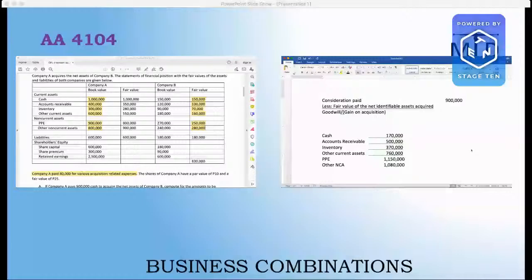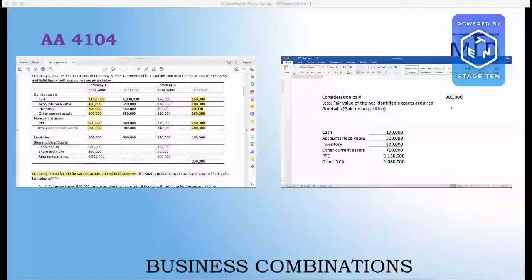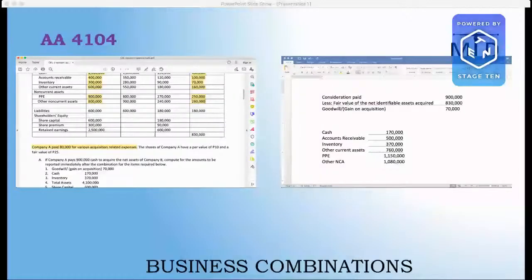Let me just double check. 1,010,000 minus 180, so 830. The fair value of your net assets is 830,000. And this should give you a 70 difference. Okay. And that is your goodwill.